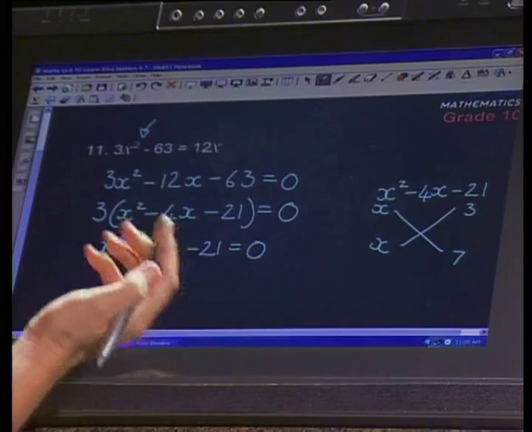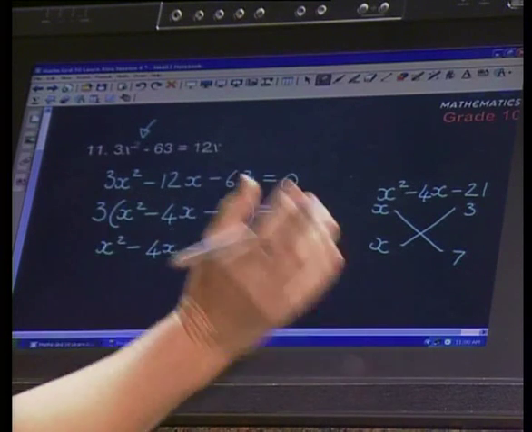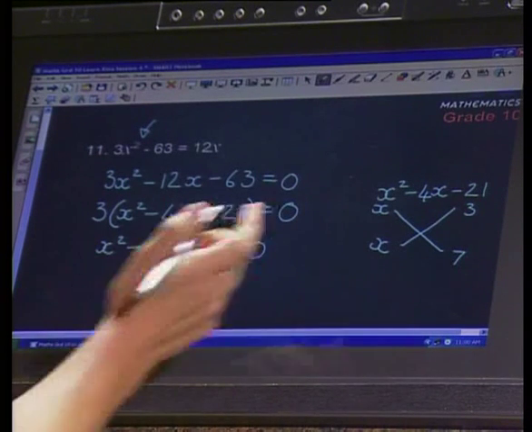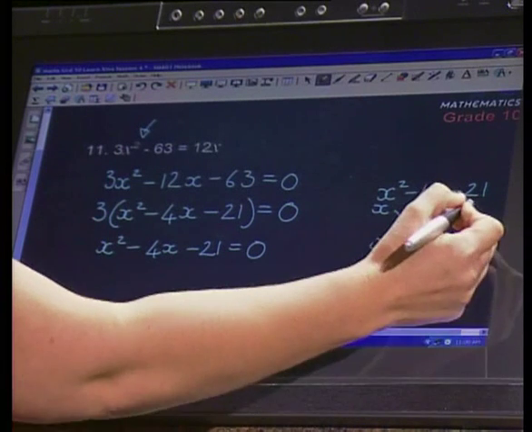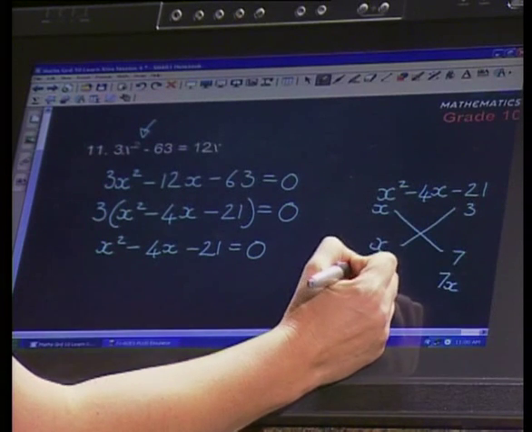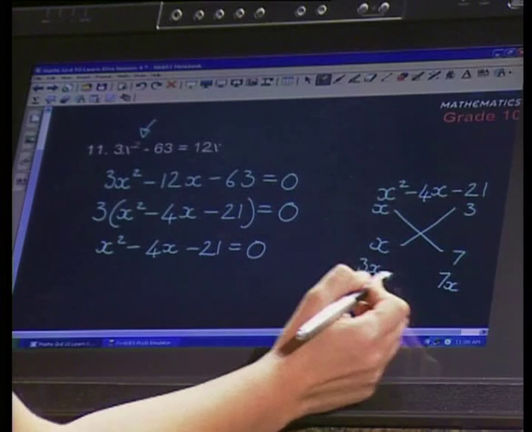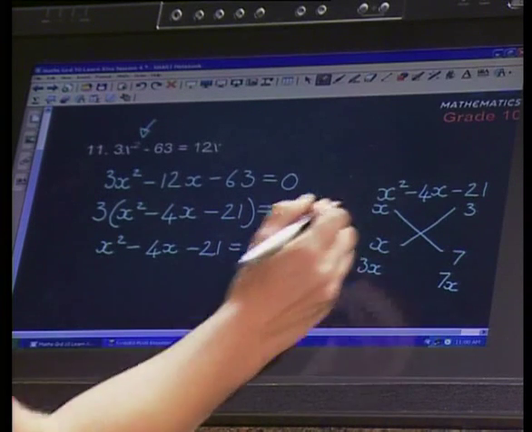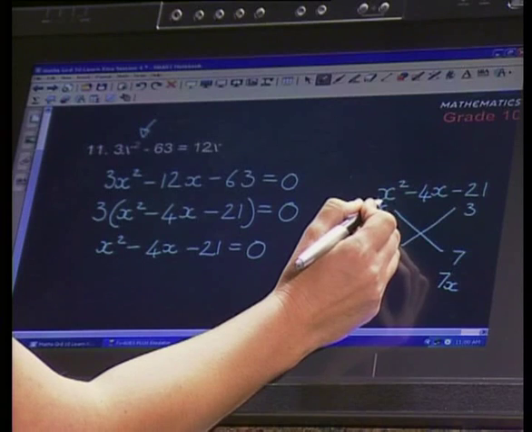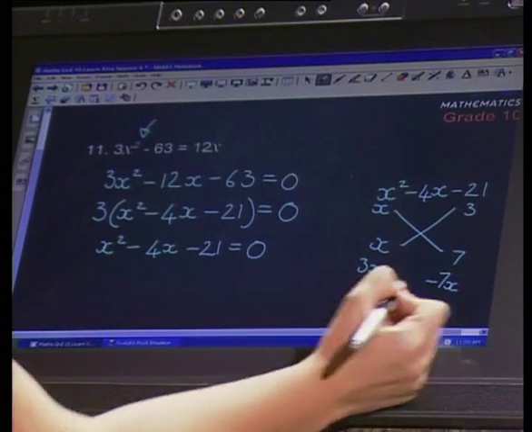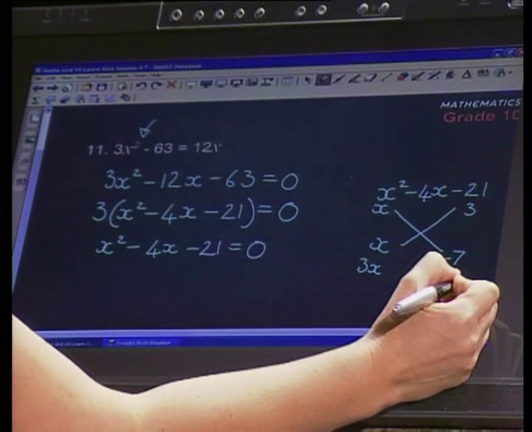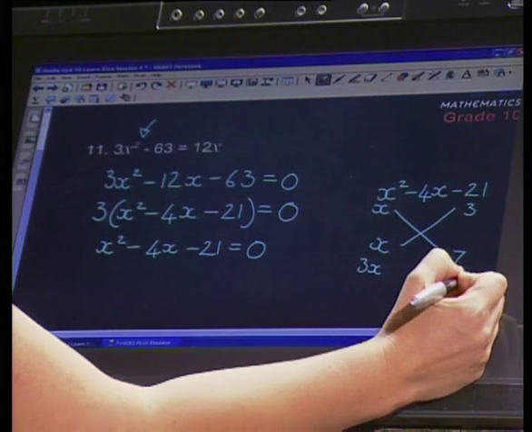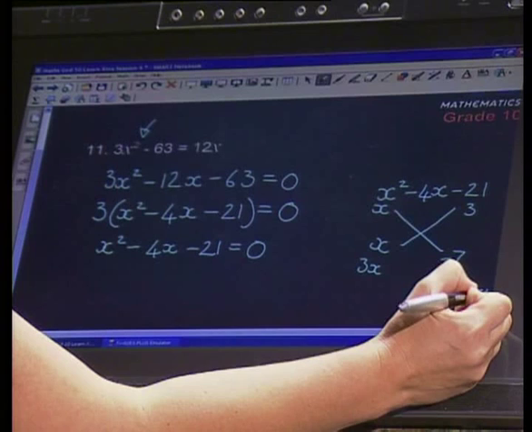It's easier to put the negative in just now, when I know which will satisfy the equation better. x times 7 gives us 7x, and 3 times x gives us 3x. How can I put 3x and 7x together to get minus 4x? If 7x is negative, that means 3x minus 7x will give us minus 4x.